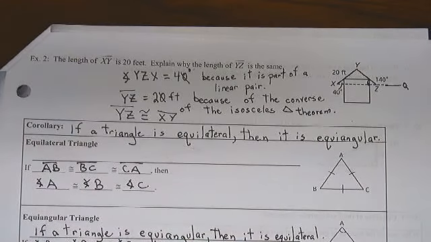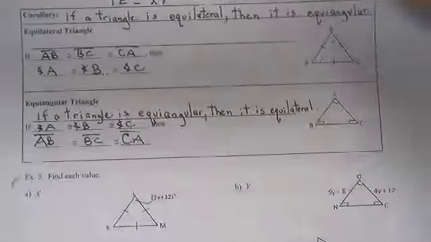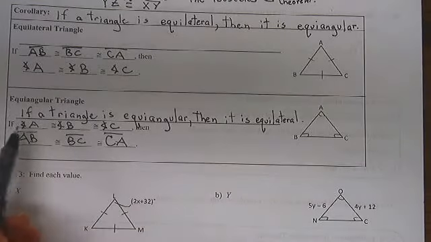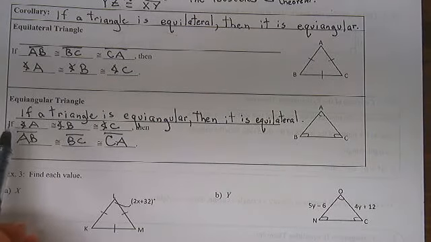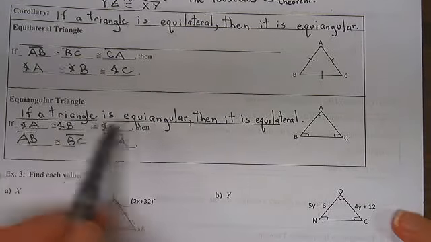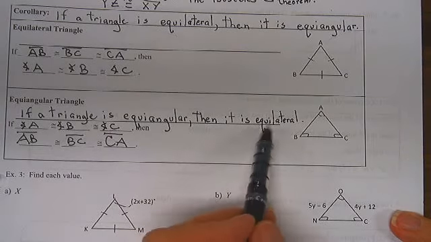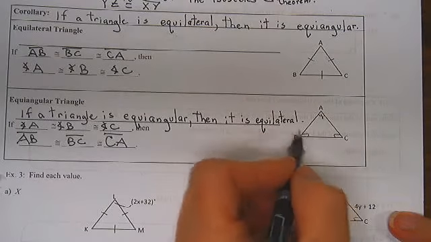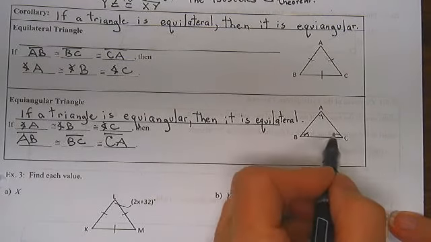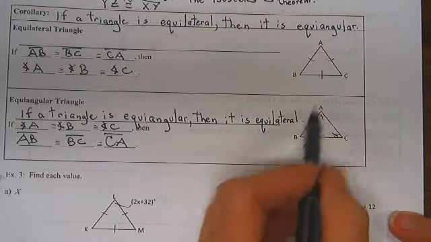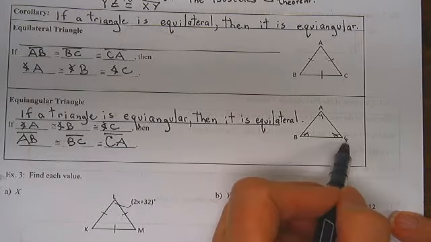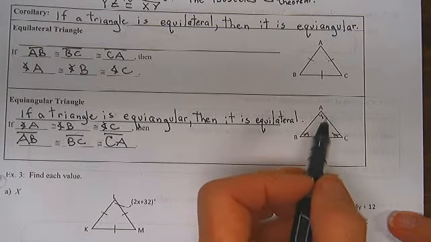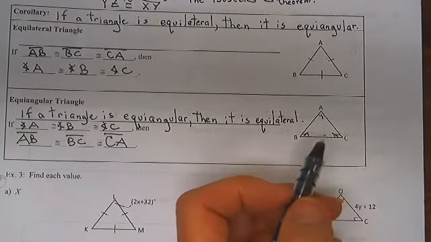Yay! So, again, if a triangle is equiangular, then it is equilateral. If angle A is congruent to angle B, is congruent to angle C, then AB is congruent to BC, is congruent to CA. Do you just need a place to work? Feel free.